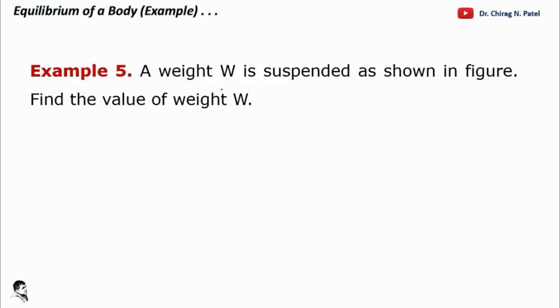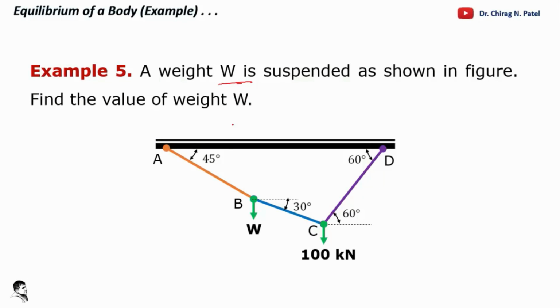If we go further for a last example, weight W is suspended as shown in the figure like this. So this weight is again unknown. This weight is given as 100 kilonewton. And the angles are also available like this, 60, 60, 45, and this is 30 degree.